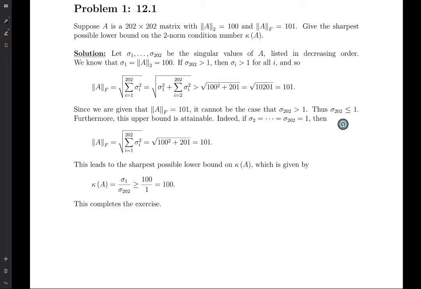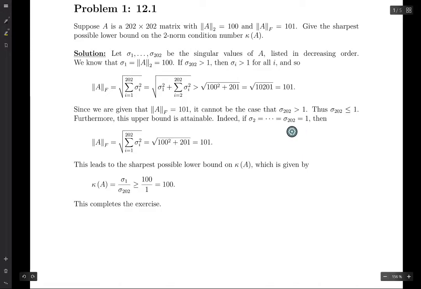And that's not difficult, because let's just say we have a matrix A whose singular values between sigma 2 and sigma 202 are all precisely equal to 1. So in this case, sigma 202 is equal to 1, and we know all the singular values here.